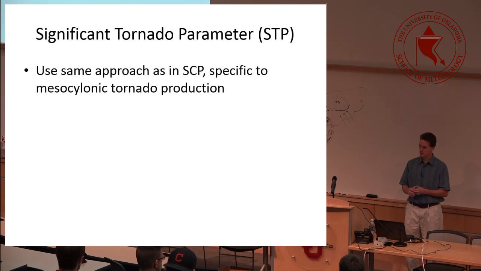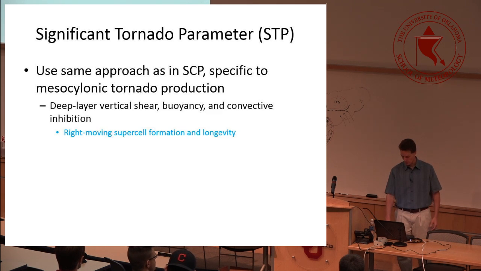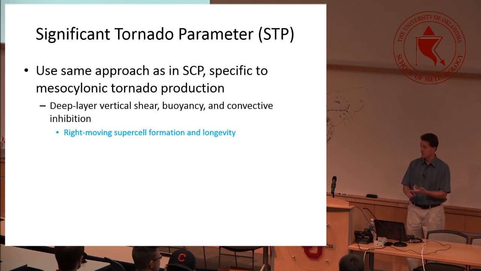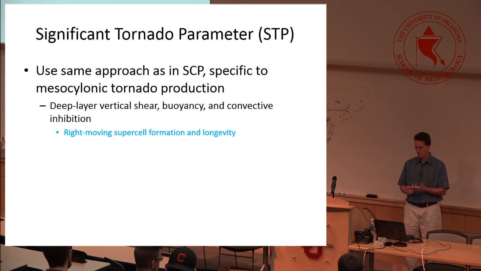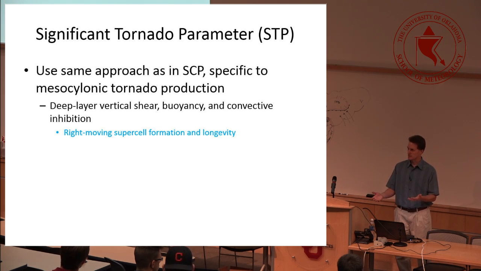Actually, if you look at the formulation for the significant tornado parameter, when you see it, the SCP is kind of built into there, except we're just focusing on the elements that are also unique to tornadic right-moving storms. So we need some measure of vertical shear and buoyancy, and in this case, it helps to consider convective inhibition, because we're also interested in what's the resistance to the ascent down low.